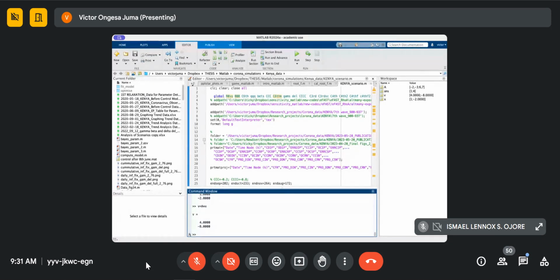I hope you have been seeing my MATLAB screen because I was sharing 2 screens. Okay. So I just decided to do this on the command window. I didn't program this, but I've been showing it on the command window.